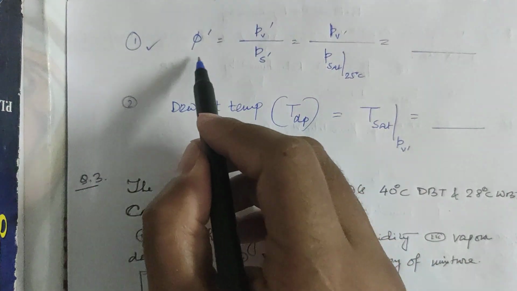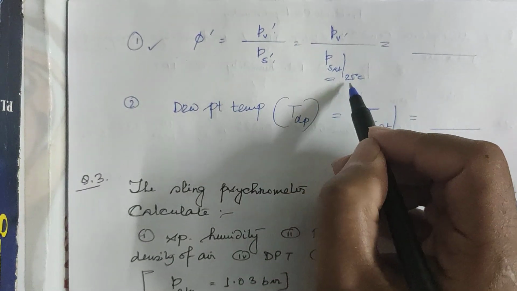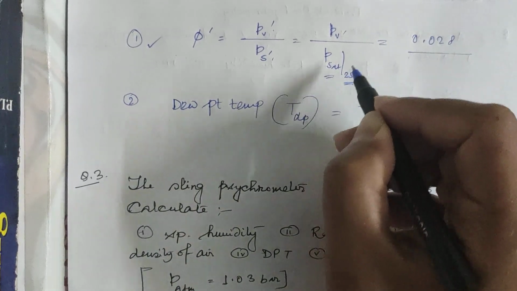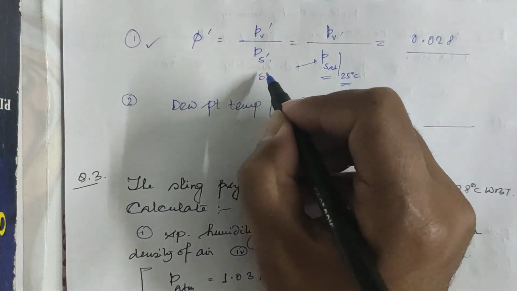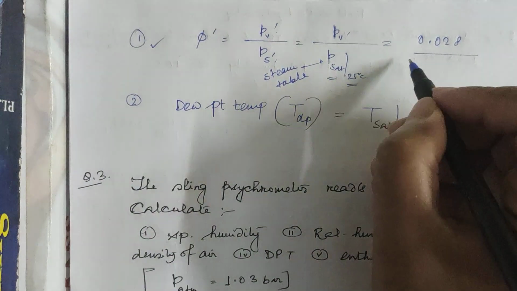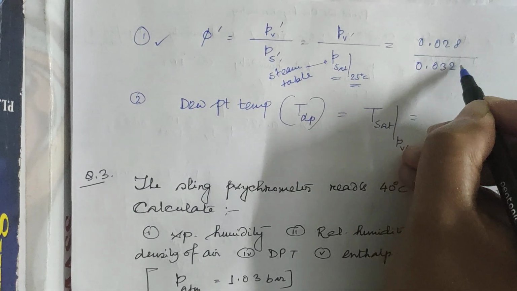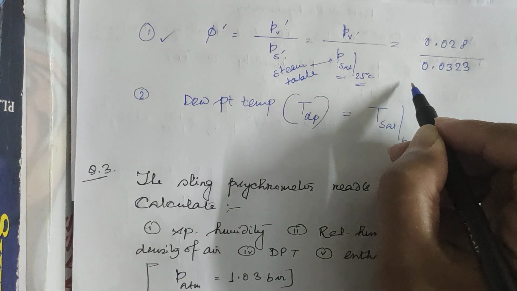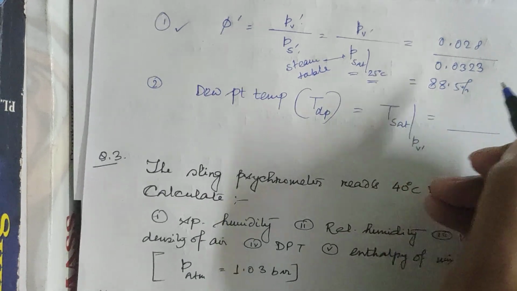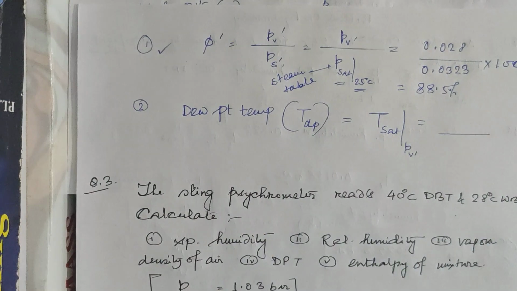The new relative humidity will be the partial pressure of water vapor divided by the partial pressure of saturated vapor at 25 degrees centigrade. The partial pressure is known, 0.028. The saturation value we can find from the steam table, which is 0.0323, so the relative humidity is 88.5%.